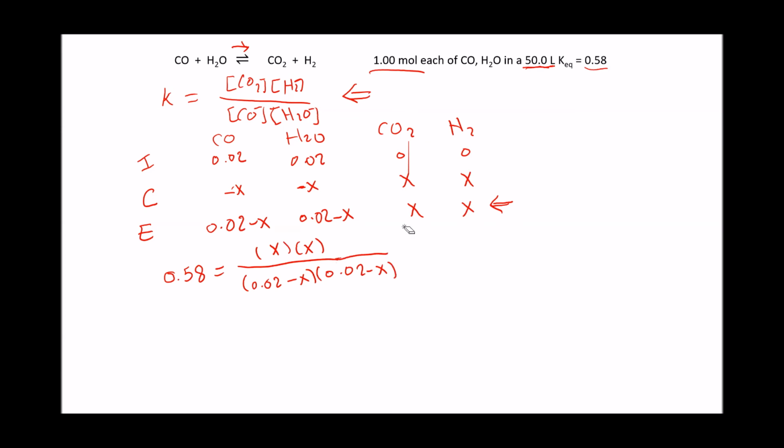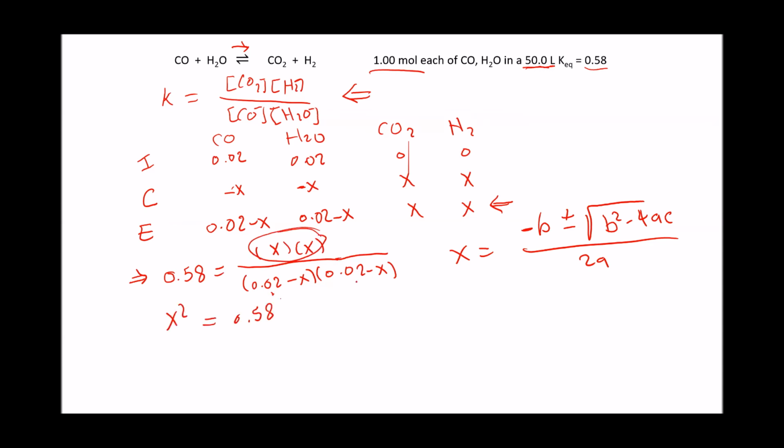You could possibly use the strategy I used for the previous example by taking the square root of the whole equation to solve for x, or you can use the quadratic equation expression, which is x equals negative b plus or minus the square root of b squared minus 4ac, divided by 2a.